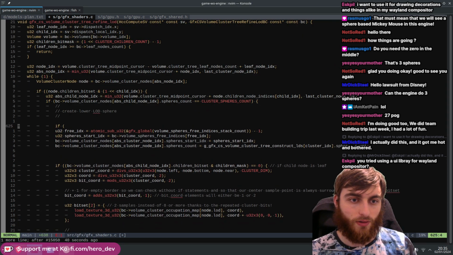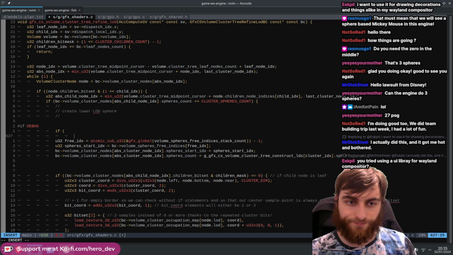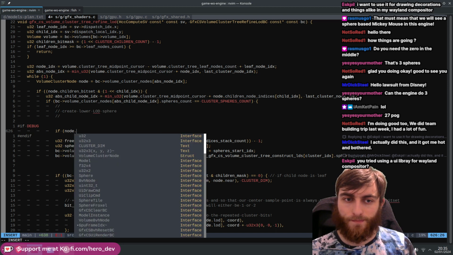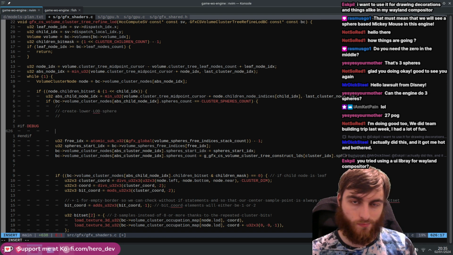Right, let's write this out. So we're basically going to say if debug or whatever, you sort this out. But here we want to say, right, node dot... I could do an assert.